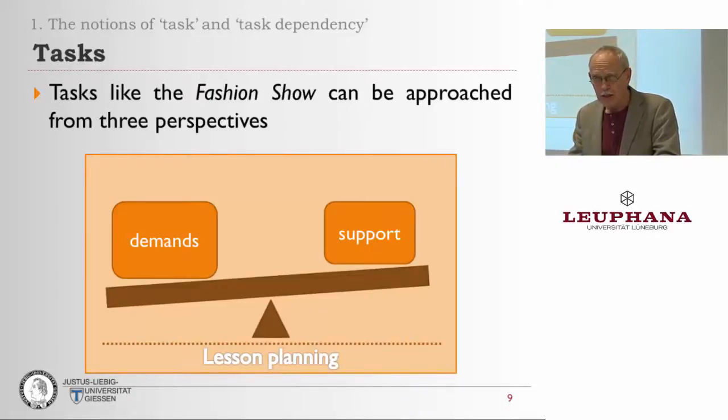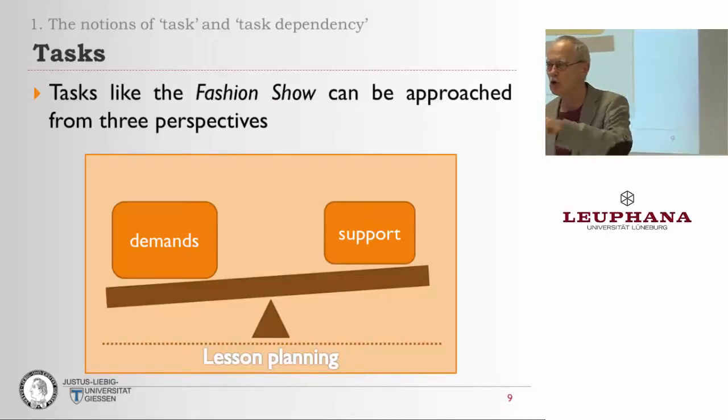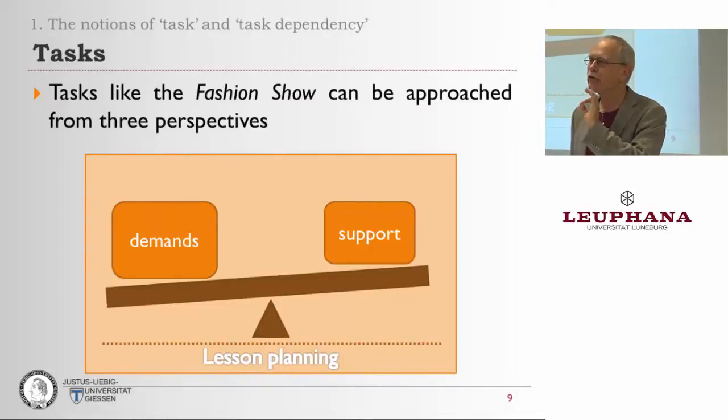Now, let us take a quick look at task demands. Again, I would like you to turn to a partner and define at least 5 demands of this task. What must students be able to do in order to successfully complete the fashion show task?